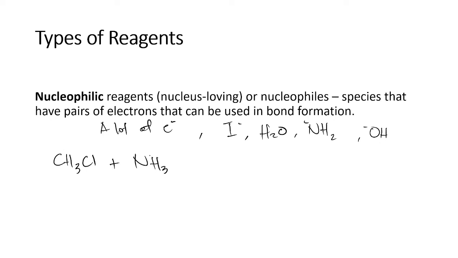So basically, what will happen here is we will first have a heterolytic bond cleavage between our ammonium, or nitrogen, and our hydrogen. Also, same with our methyl and chloride, therefore forming what we call a nucleophilic reaction.